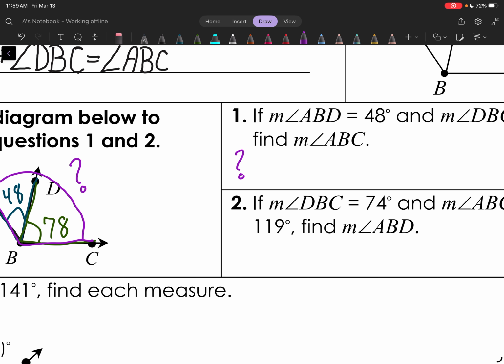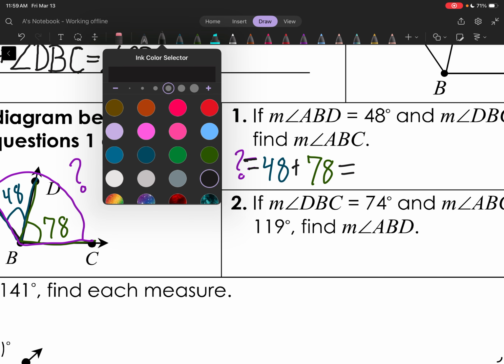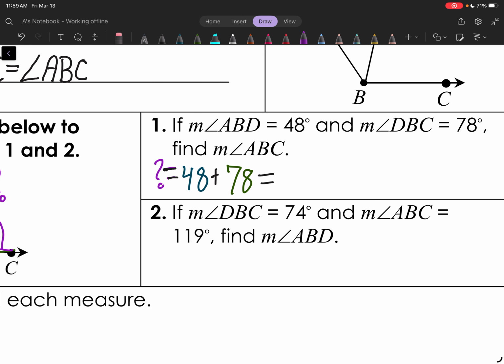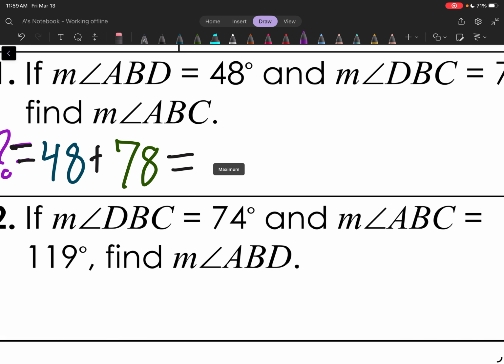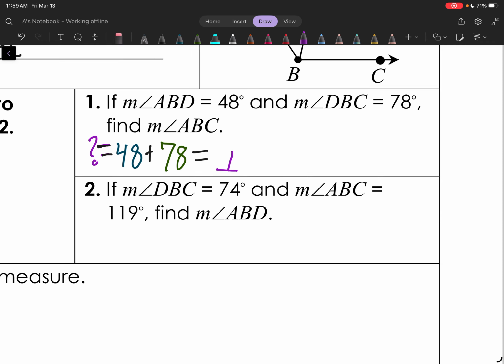So the entire angle is going to be equal to the sum of the interior angles, 48 and 78. Whenever I add 48 plus 78, 126 degrees is my final answer.